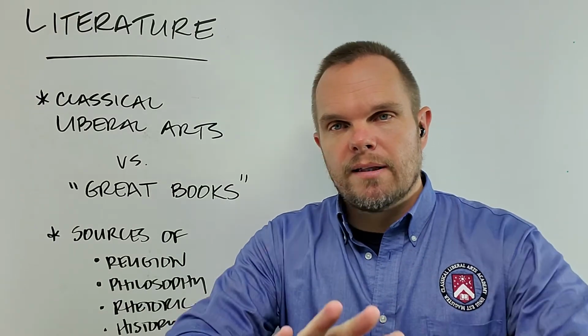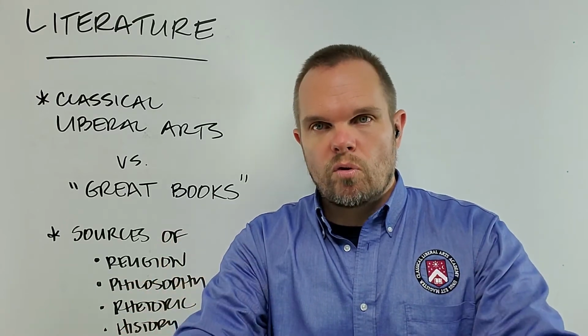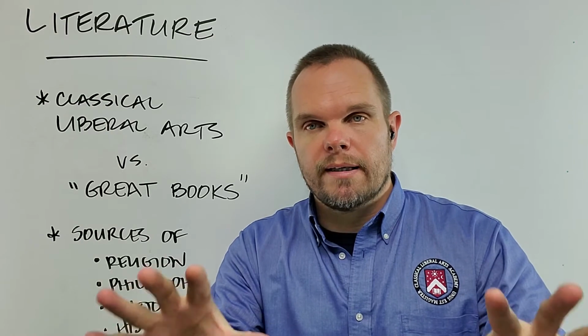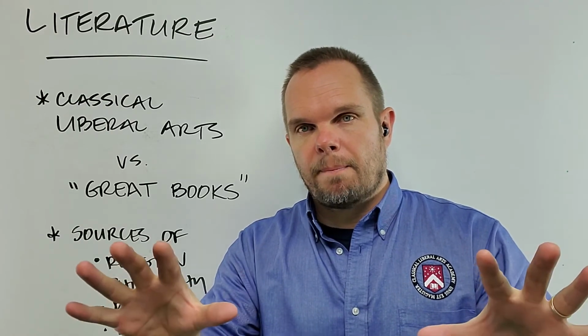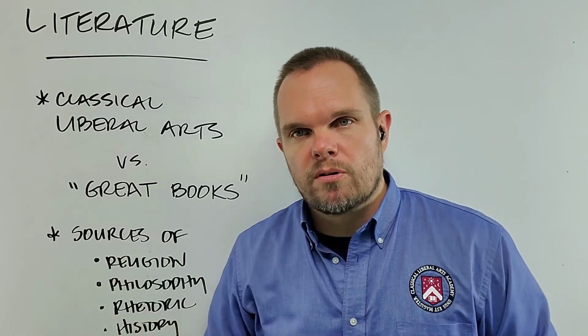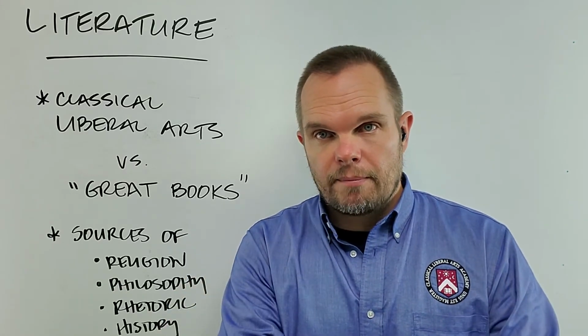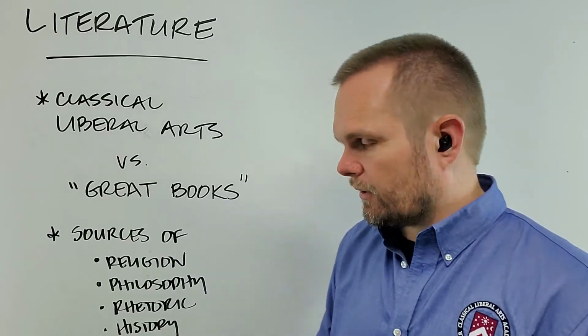Again, not necessarily looking at the story itself, which is fictional, but looking at the author in his context, and trying to glean some historical information from what the author is saying at a certain time in history in a certain historical context.